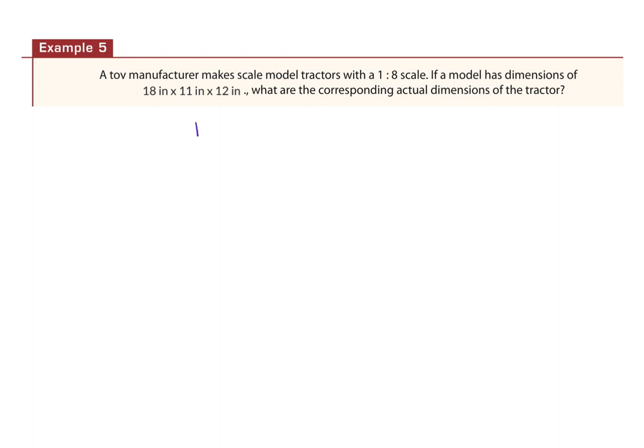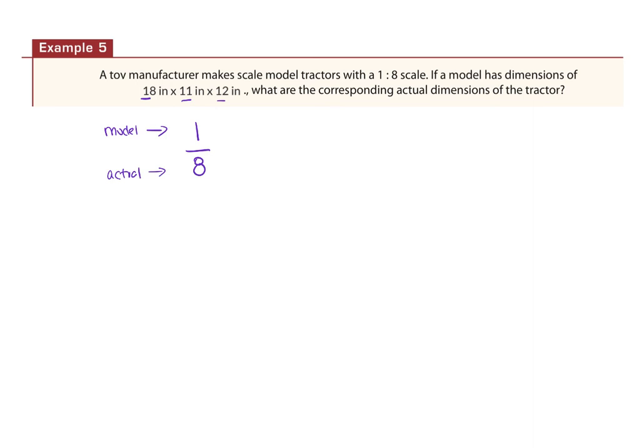My ratio is 1:8. Which means I can set each one of these up. I know what the scale is, right? I know the model. I want the actual dimensions of the tractor. This top one represents the model. This represents the actual. All right?